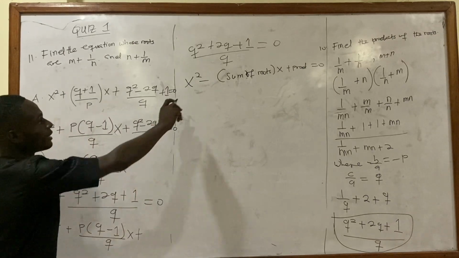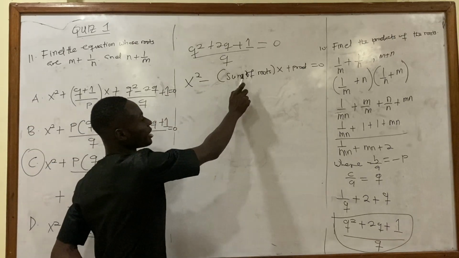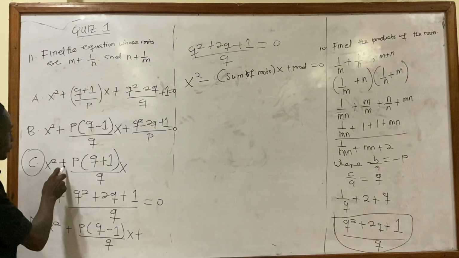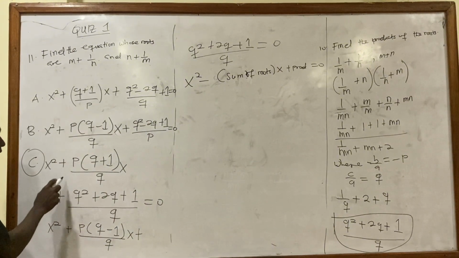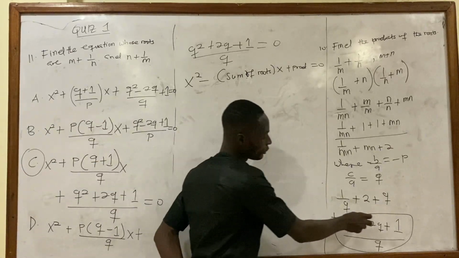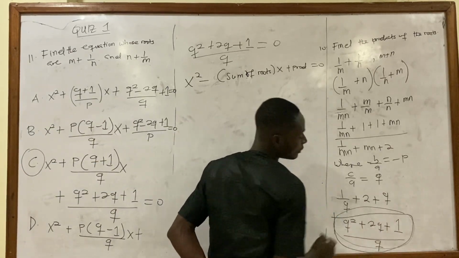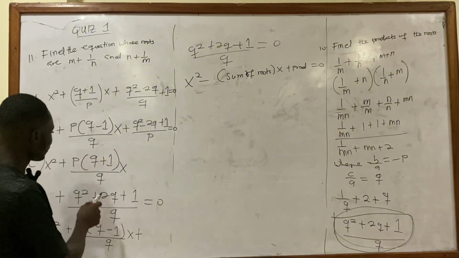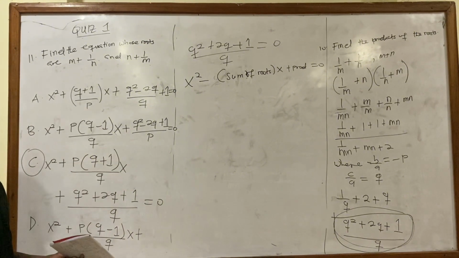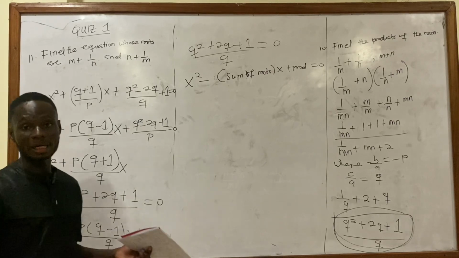The sum of roots, we obtained this part to be negative, that's why we are having positive over here. And then the product is already there. We already obtained the sum as well, so we just fix it into the formula and then we are there.